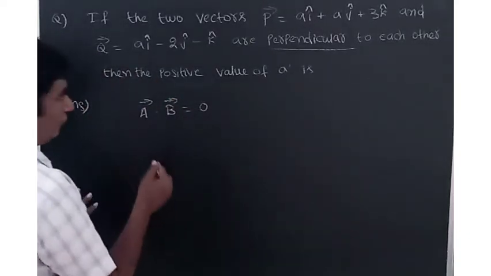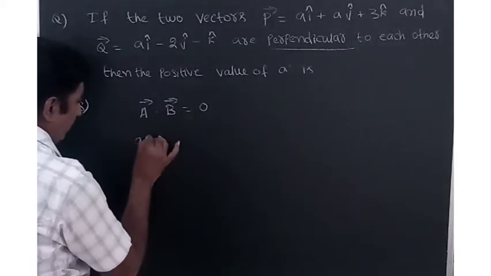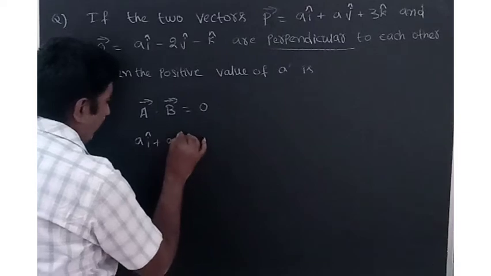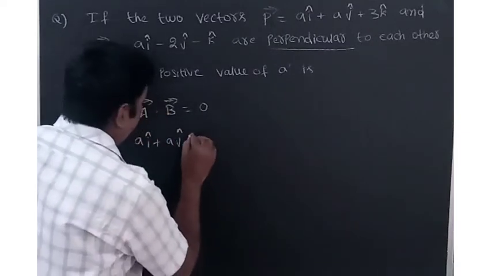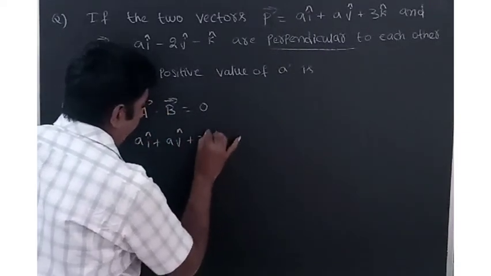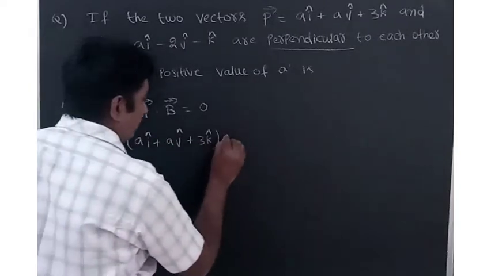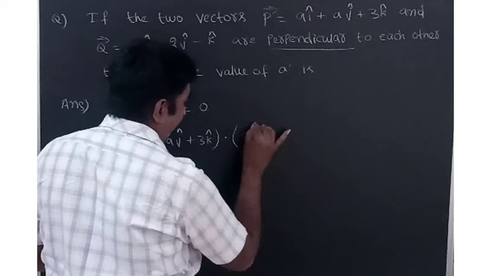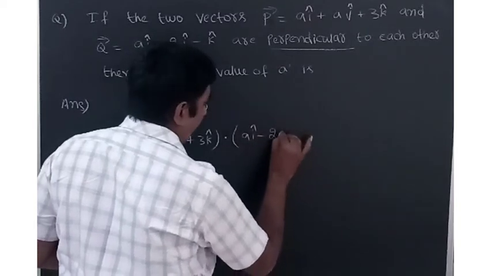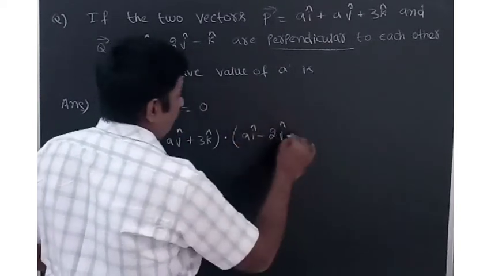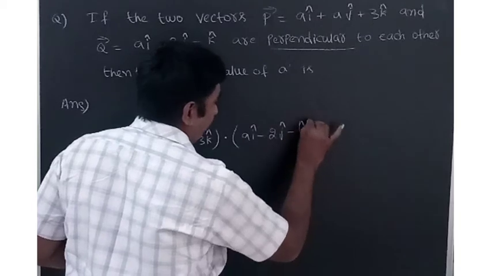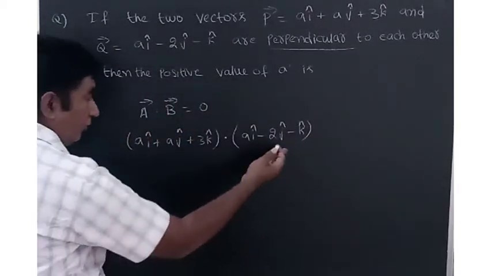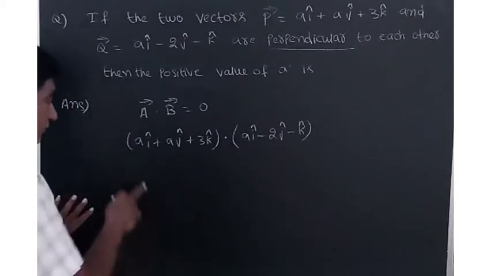So we take the dot product: a i cap plus a j cap plus 3k cap dot a i cap minus 2j cap minus k cap. i dot i equals 1, and in all remaining cases, j dot j, k dot k, it will be 0.